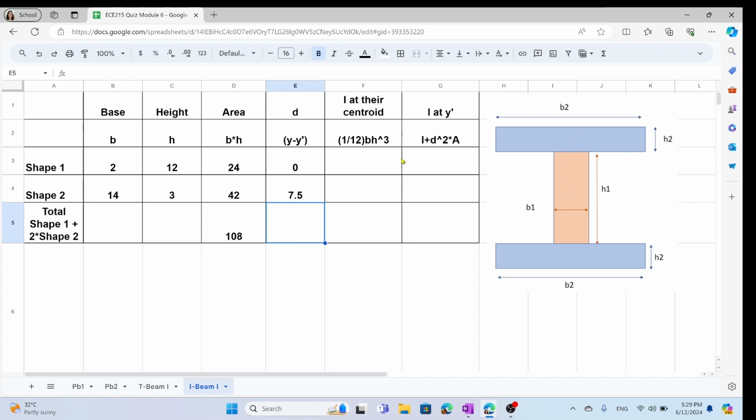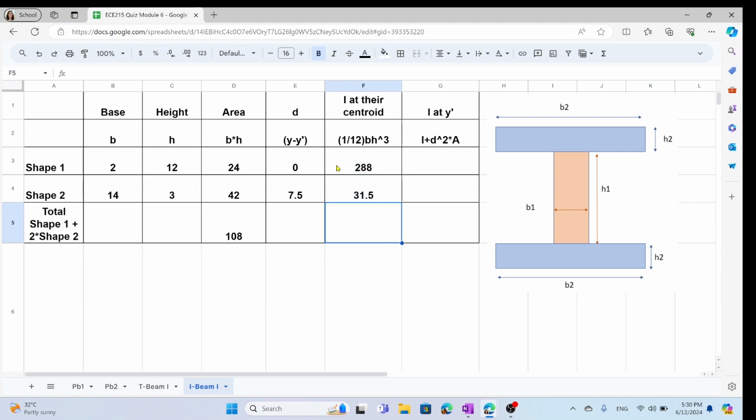We don't need that. Now we need to find the I at the centroid. So the I of the blue rectangle from that axis and the I of the blue rectangle from this axis. Okay. So this is always 1 divided by 12 times the base times the H cubed, and we can drag that formula.